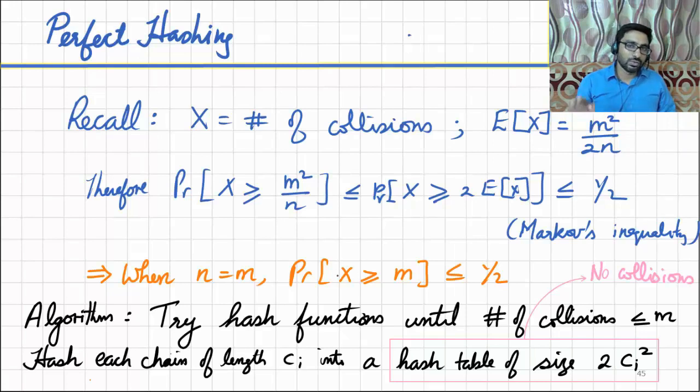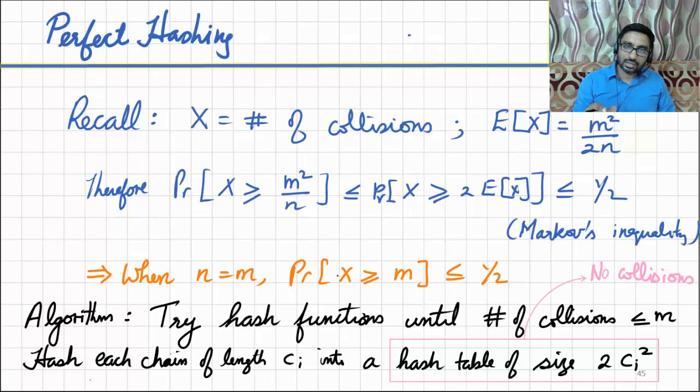But here's what we do: whenever an item collides with another item, that means that particular hash location will have multiple items in it. So let's say we create a chain of length ci at that location i.